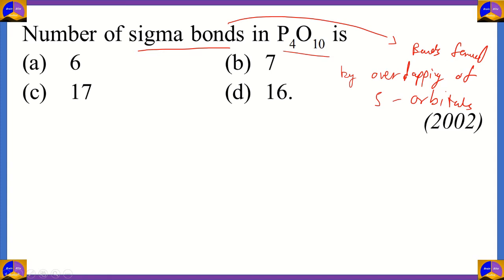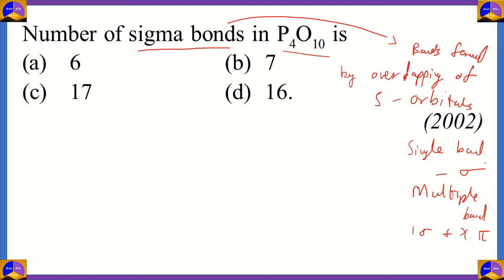The rule about sigma bonds is that if you have a single bond, then it's always a sigma bond. For multiple bonds, such as double or triple bonds, there will be 1 sigma plus some number of pi bonds.